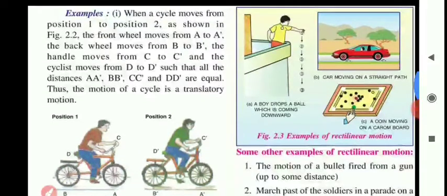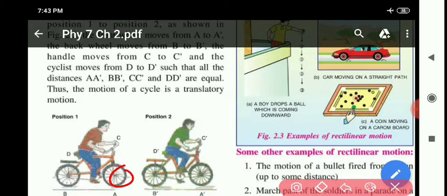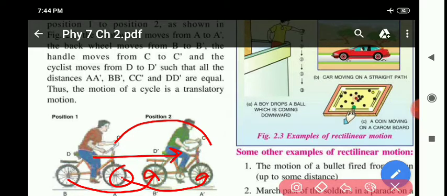When a cycle moves from position 1 to position 2, the front wheel moves from A to A dash, the back wheel moves from B to B dash, the handle moves from C to C dash, and the cyclist moves from D to D dash, such that all the distances A dash, B dash, C dash and D dash are equal. Thus the motion of a cycle is a translatory motion, as the cyclist is also moving in a straight line.